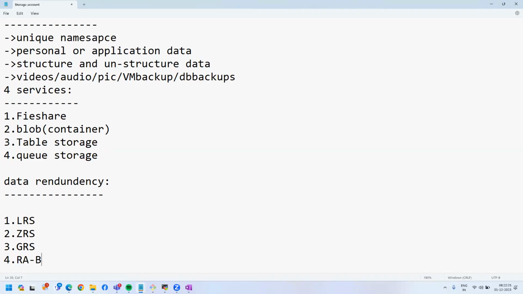RAGRS has been removed. It has been deprecated recently. In place of that, Microsoft gave GZRS, Zone Geo Redundant Storage. Here, LRS means Local Redundant Storage.